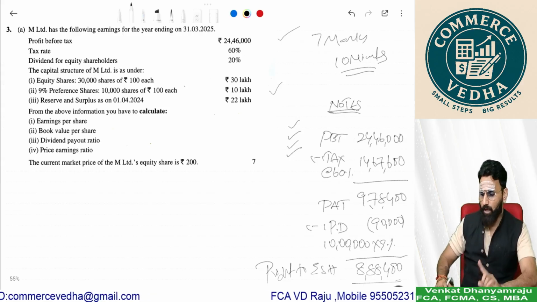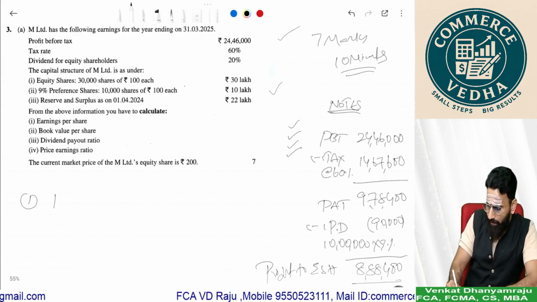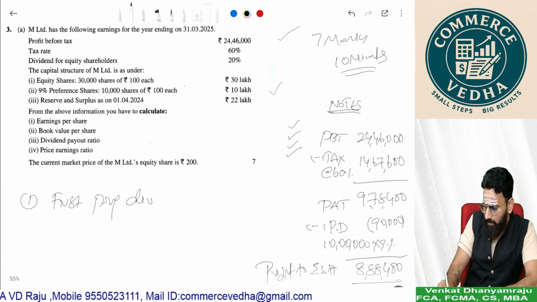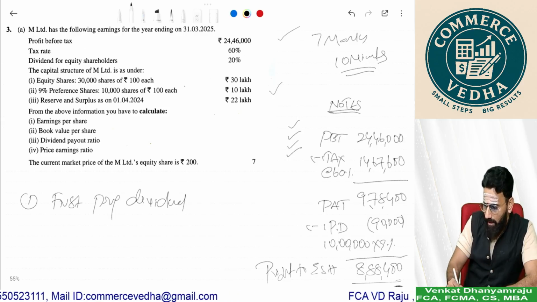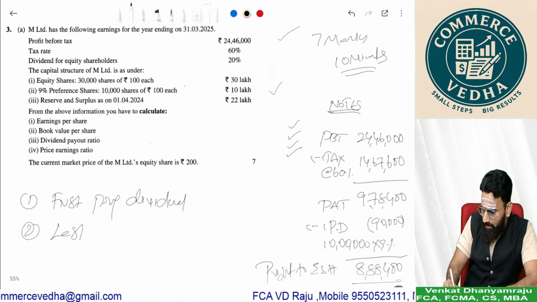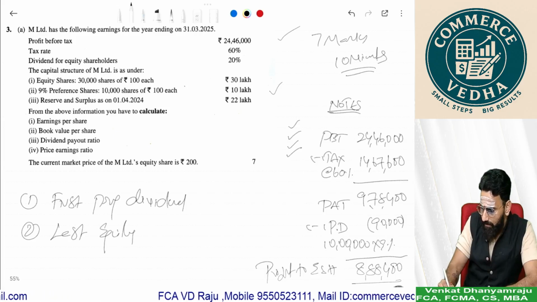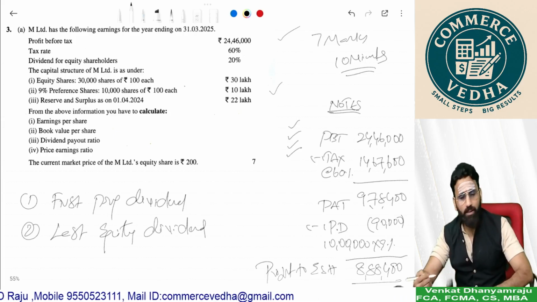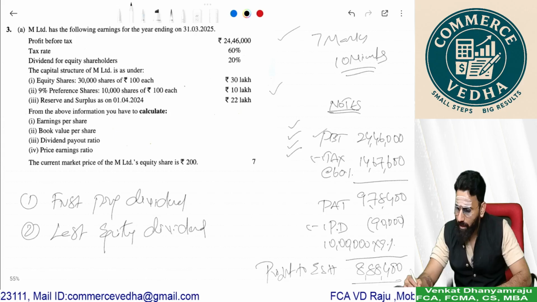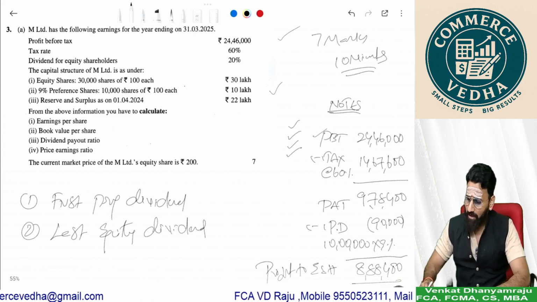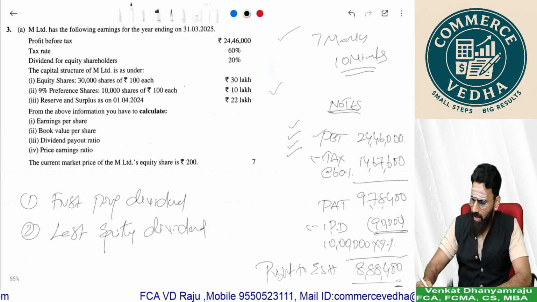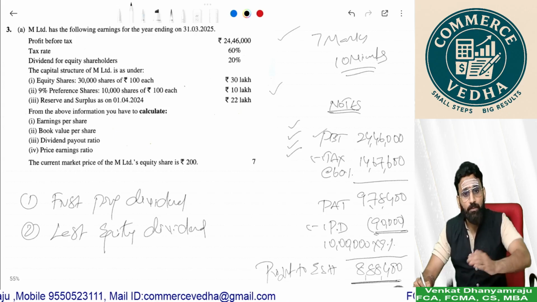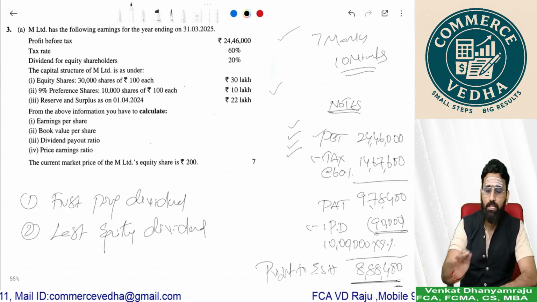So the thumb rule number 1 is first preference dividend, last equity dividend. So what we did: we took the PBT, we deducted tax, and we deducted preference dividend, and we arrived at profit after tax and after preference dividend, which is available to equity shareholders.